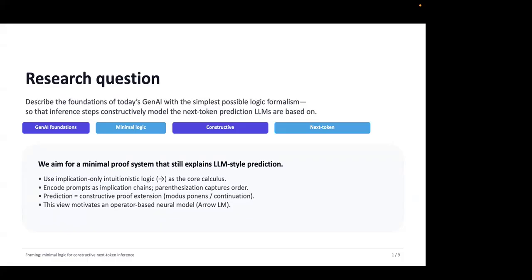Of course, that's based on statistical data, but the underlying logic is shared, and that would be the main point of what's coming next.